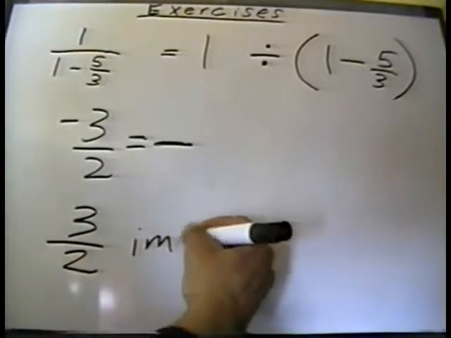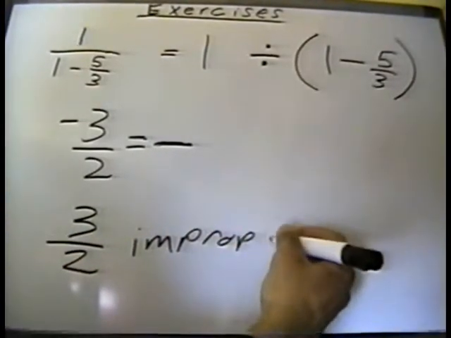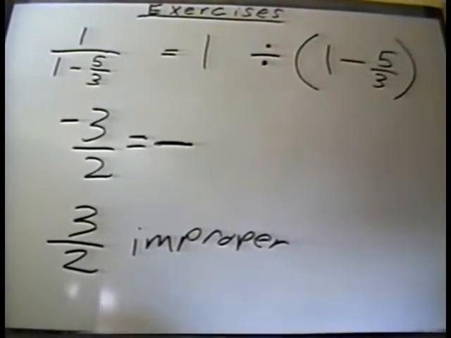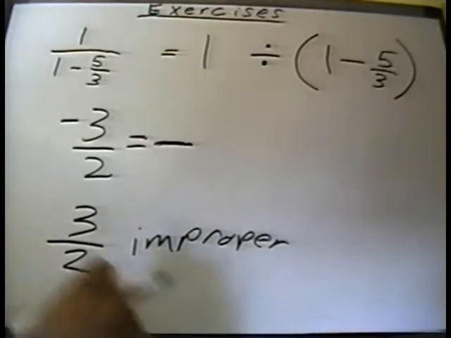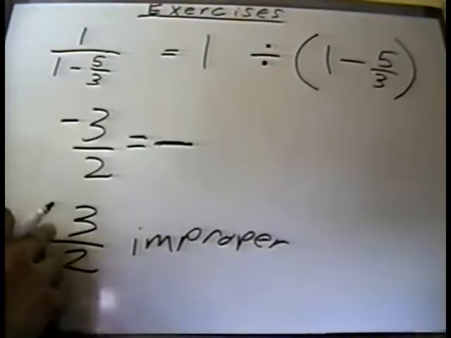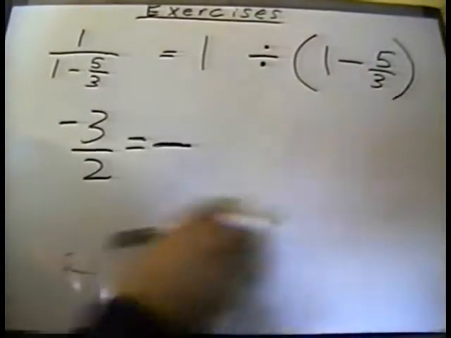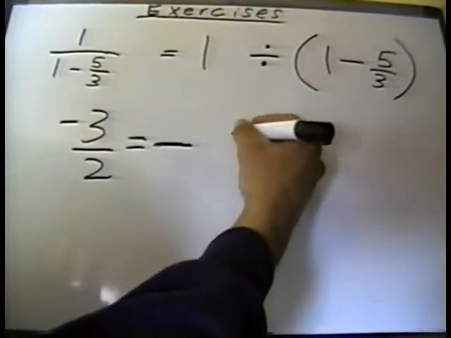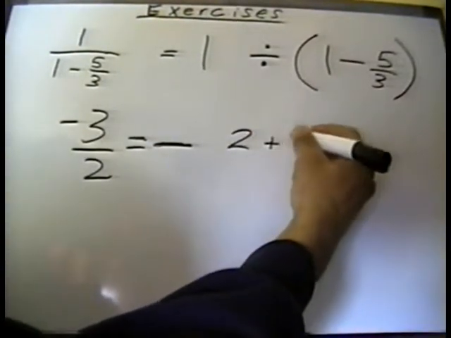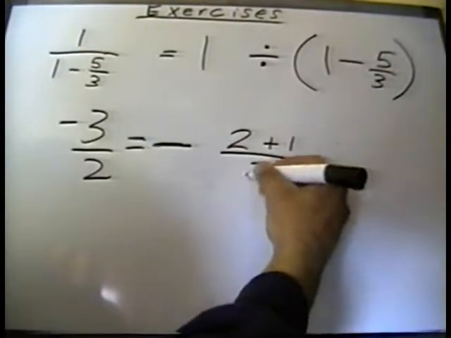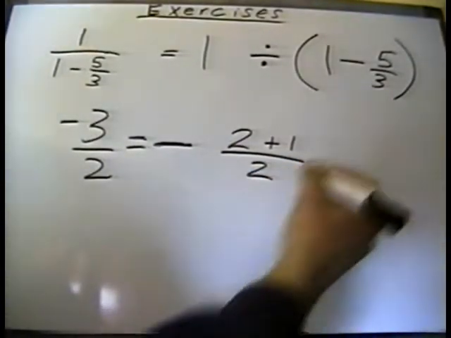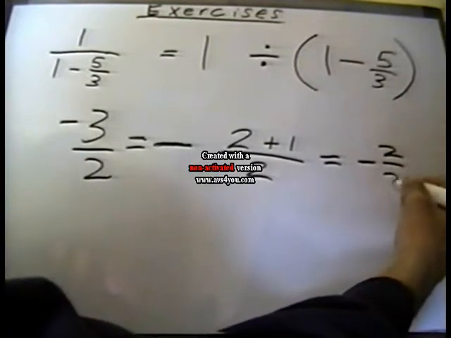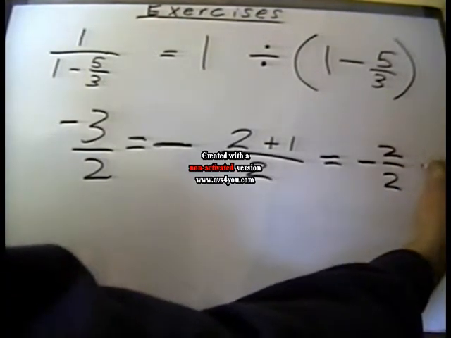So now we want to, and this here is what's called an improper fraction. Remember, so that's an improper fraction, so we have to convert it to a mixed number, which is a form of a proper fraction. So now we get 2 plus 1 over 2, right?